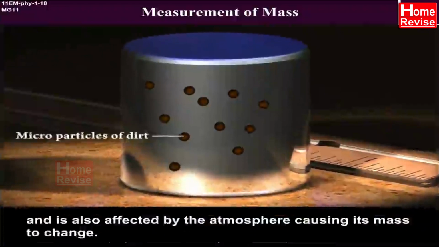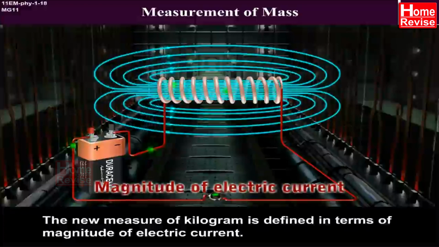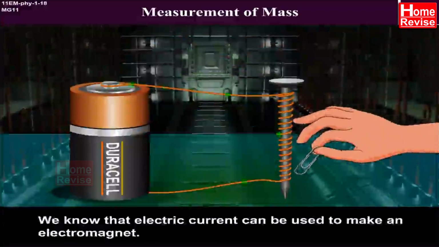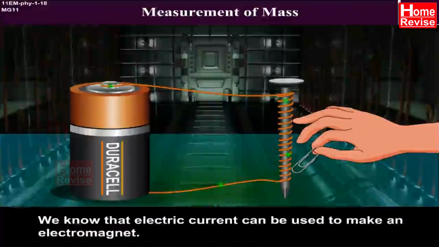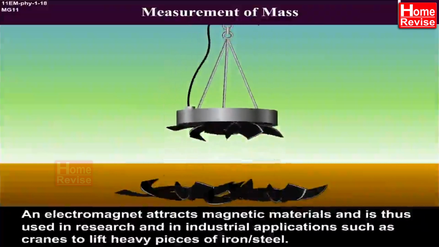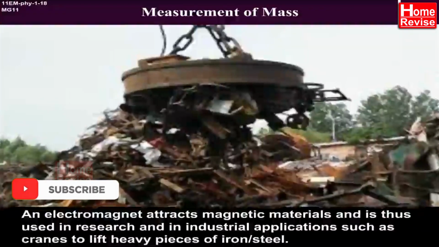The new measure of kilogram is defined in terms of magnitude of electric current. We know that electric current can be used to make an electromagnet. An electromagnet attracts magnetic materials and is thus used in research and in industrial applications such as cranes to lift heavy pieces of iron or steel.